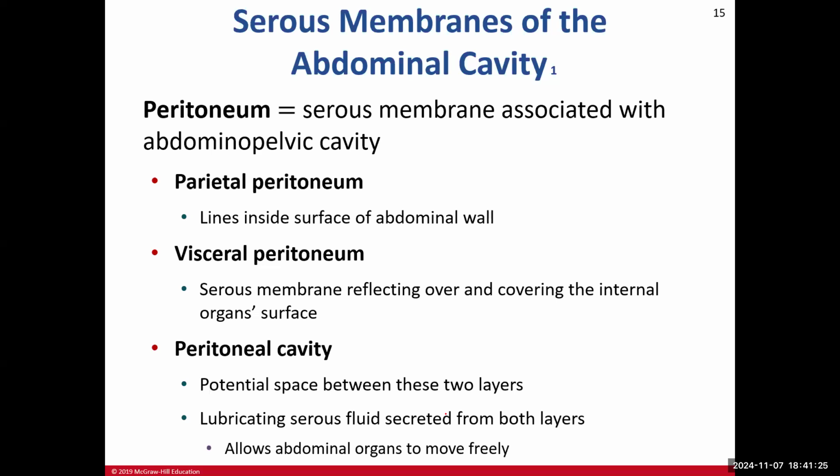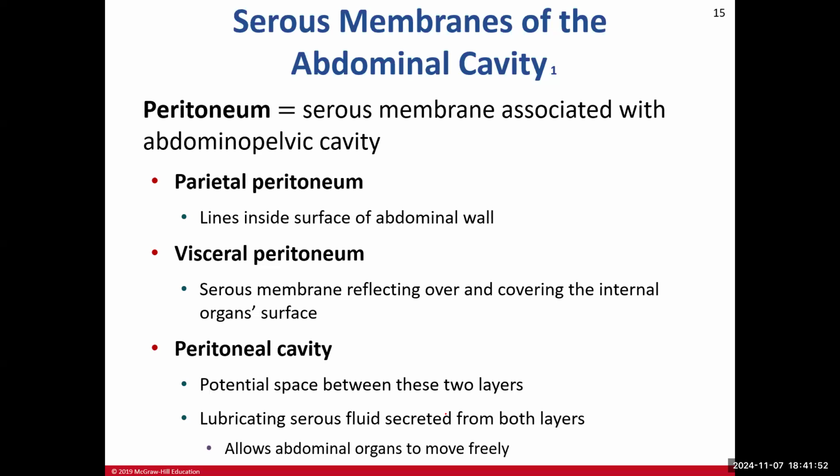It allows these organs to slide around freely inside your abdomen. So you'll have people with some sort of issue going on. They go in and have some medical imaging done, and I'm sure you've heard stories that they found a tumor on somebody's such-and-such organ that was as big as a grapefruit.